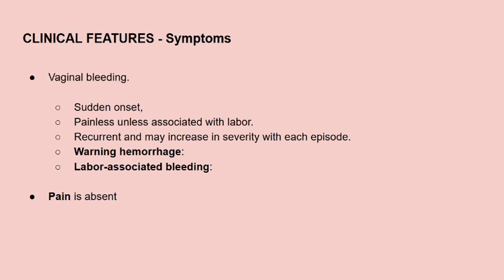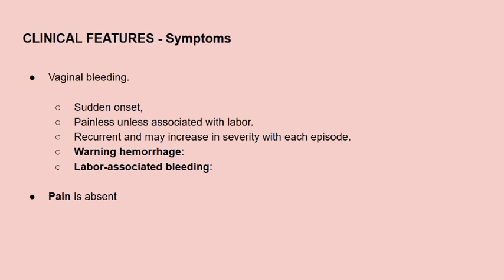In 3 days' time, I'll see another one, then it stops. In 4 days' time, I'll see another bleeding, then it stops. But there's a tendency for those bleeding episodes to become worse as time goes on. There's usually a warning hemorrhage, meaning there's an initial bleeding that is somewhat mild, but it should serve as a warning for a more torrential bleeding that may occur later on.